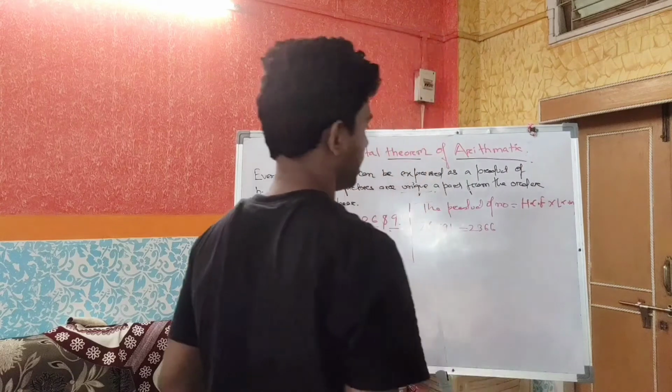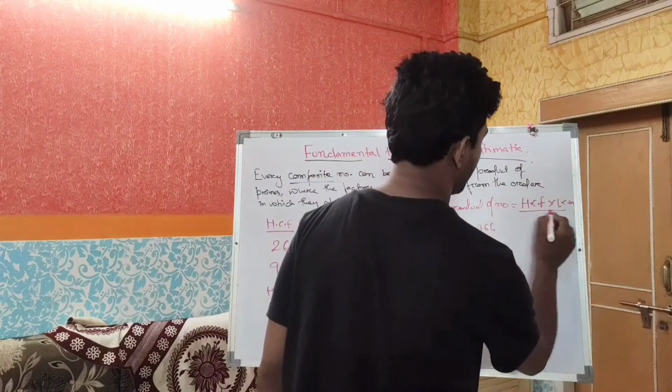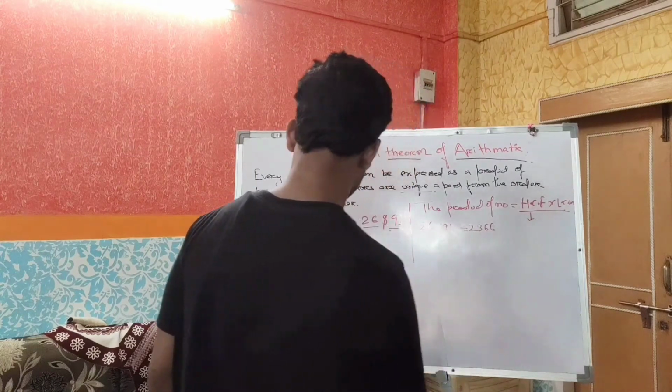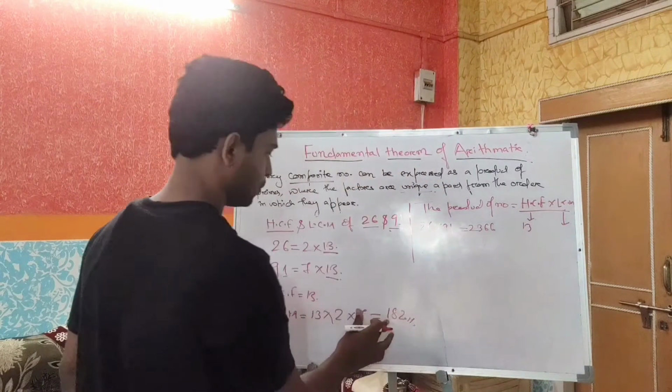Now we will do the right-hand side, where we multiply HCF and LCM. Here the HCF was 13 and the LCM was 182.